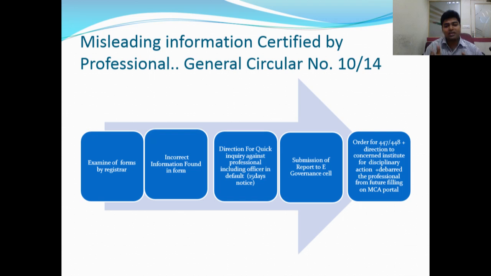They then submit the report to the e-governance cell, which can initiate restrictive action against that professional and levy a penalty under sections 447 and 448, and direct the concerned institute to take disciplinary action. The professional can be debarred from future filing. So please take care of quality tagging. There should be no misleading information in the forms.